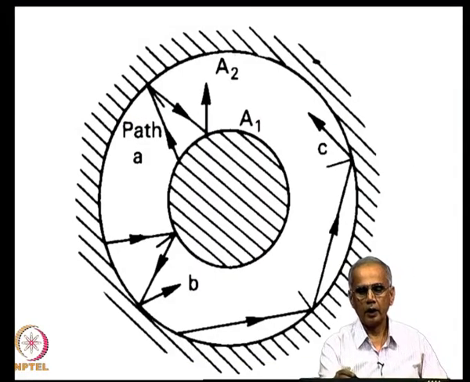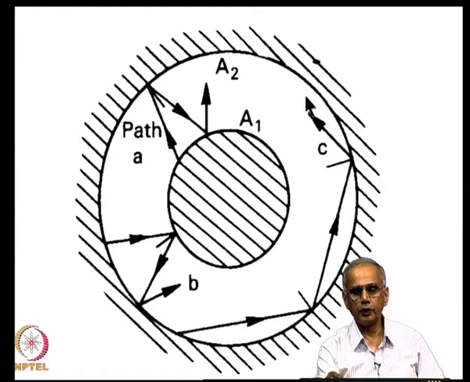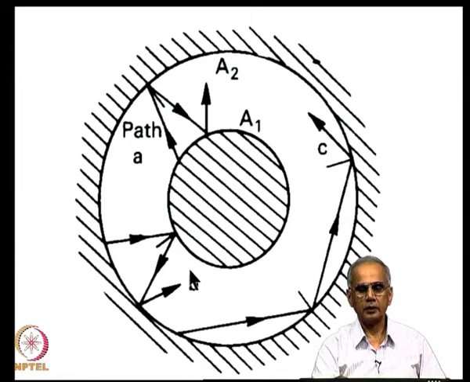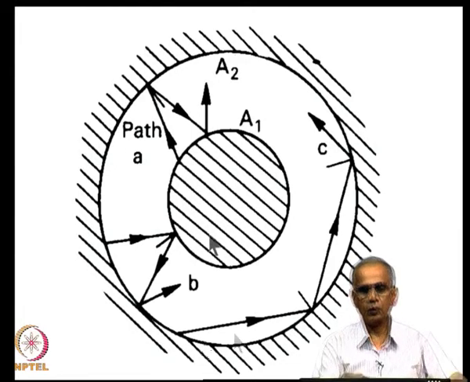So, sigma T1 to the power of 4 A2 F21 is this one, and sigma epsilon 2 sigma T2 to the power of 4 times 1 minus F21 is this one. The key point to remember is that these photons which do not hit 1 the first time will never hit 1 again, they will only be reflected within 2.